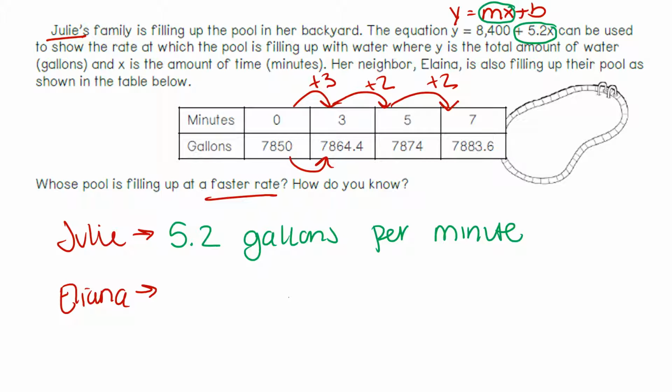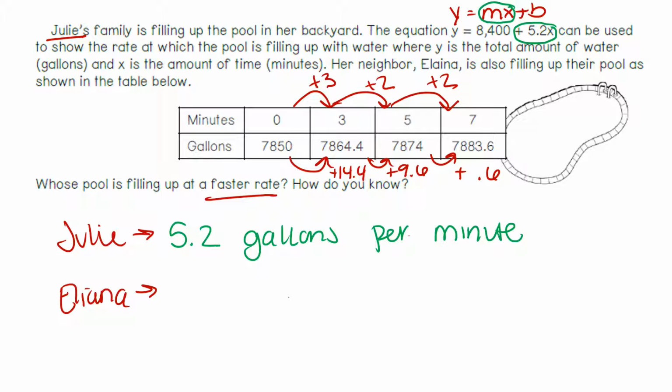Going up on the other side, 7,850 to 7,864.4 is going to give us 14.4. 7,864.4 to 7,874 is going to give us 9.6. 7,874 to 7,883.6 is going to give us 9.6.